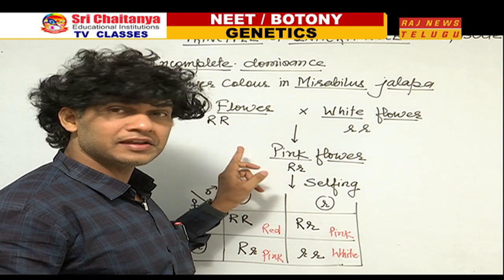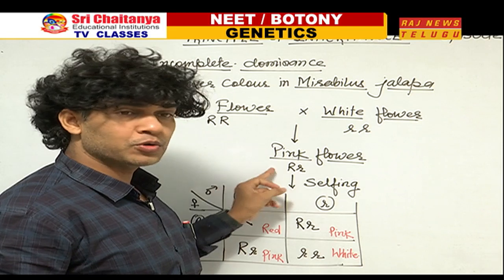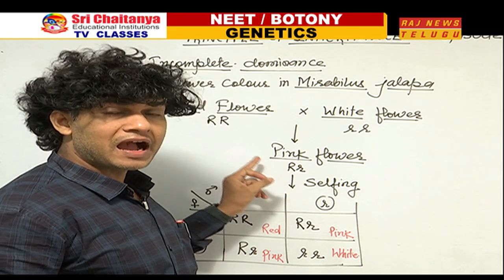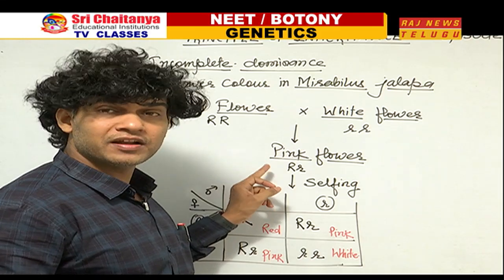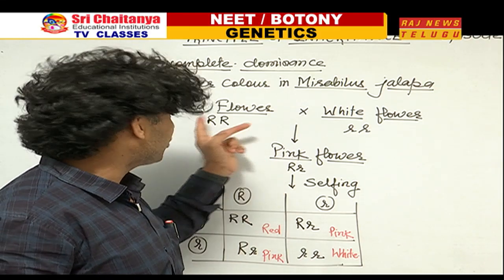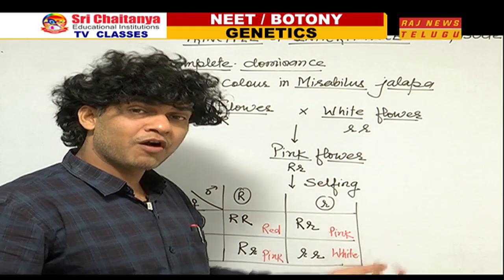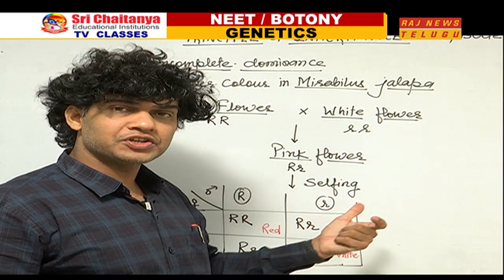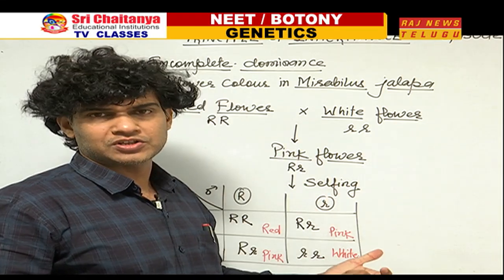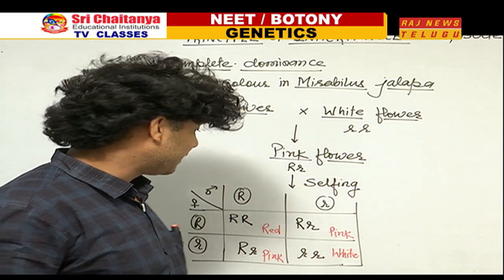In Mendelian genetics, the F1 heterozygote should be identical to one of the homozygotes. Here the F1 heterozygote is intermediate between both homozygotes. That is the deviation of Mendelism, the deviation of the dominance concept, and this is called incomplete dominance.